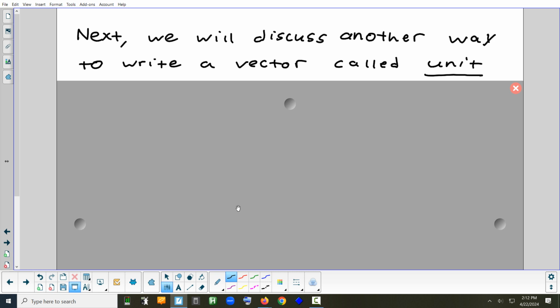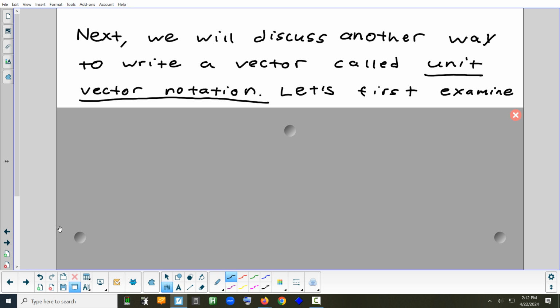Yep, it's called an algebraic vector. And the last way I'm going to show you is called unit vector notation. This is the most popular way to write vectors. Nothing wrong with the first two, they're fine. But this is just the one that's used the most.